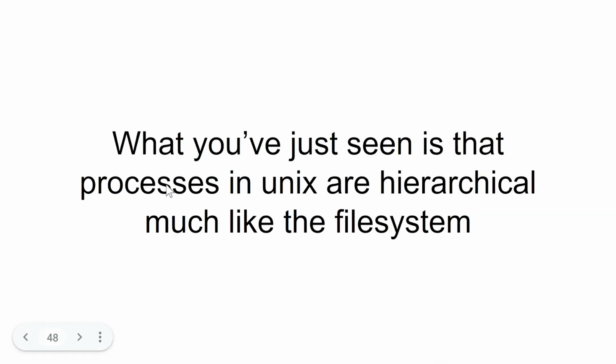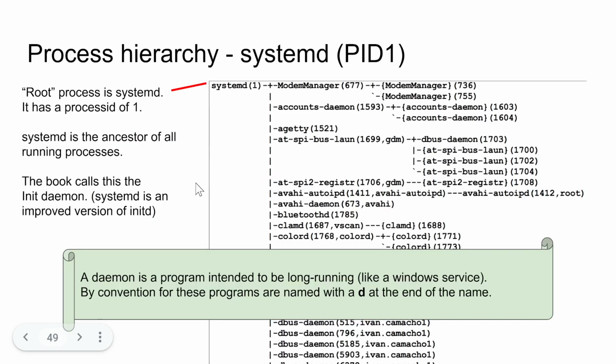Okay, so what you have just seen is that processes in Linux are hierarchical in reality, much like a file system is hierarchical, right? You have a root node and you have descendant nodes, and we've taken a pretty decent in-depth look at how that gets built.